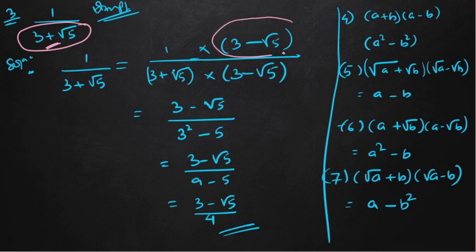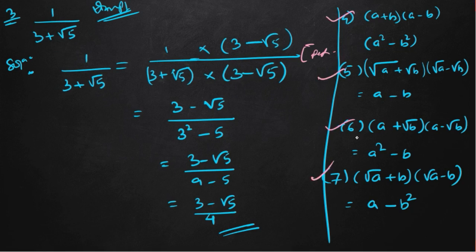Because the positive was there, we have to change the sign. Since 3 plus root 5 was there, we multiply 3 minus root 5 in the numerator and the denominator, and you have to write rationalizing the denominator.